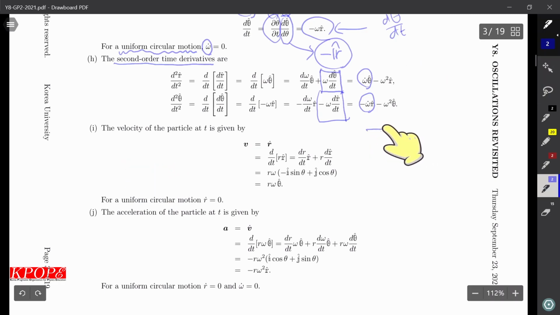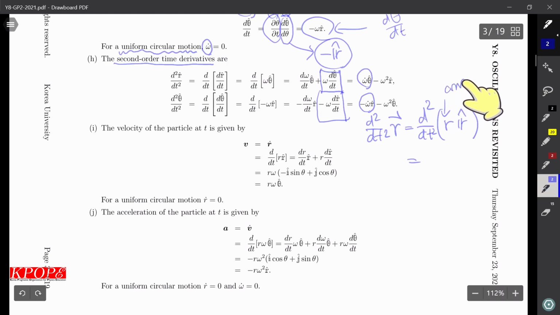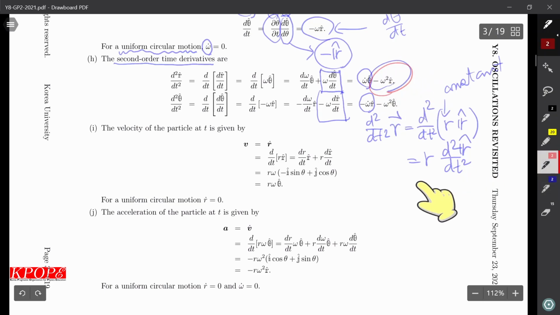And actually, double time derivative of position vector is double time derivative of radius and unit radial vector, and this is constant, so r is factored out. Double time derivative of unit radial vector, the result is this one. Substitute.